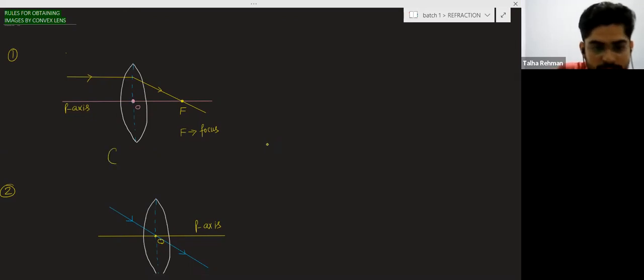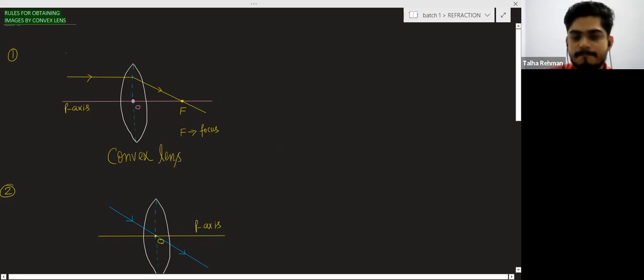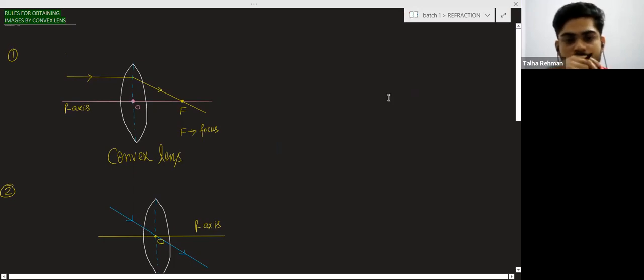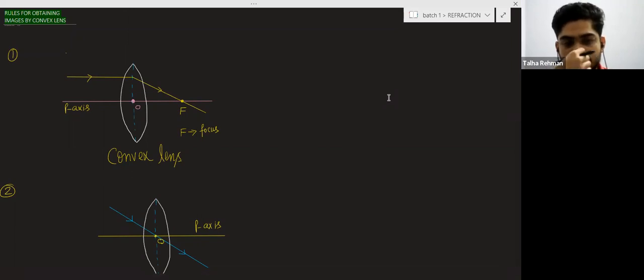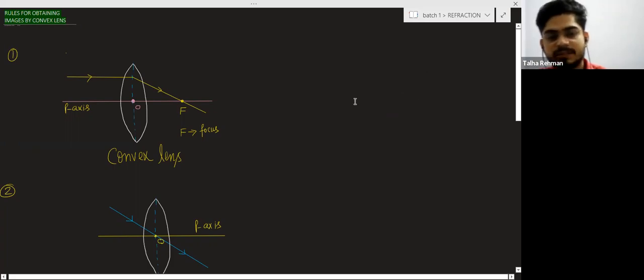And this is the convex lens. So there are only three rules that you have to remember for the lens.